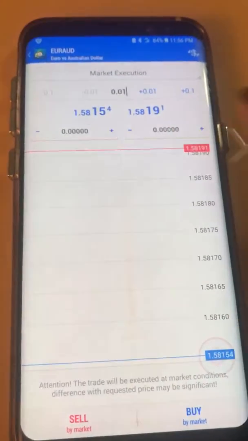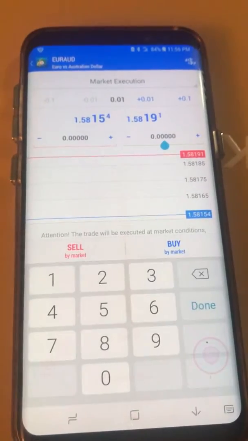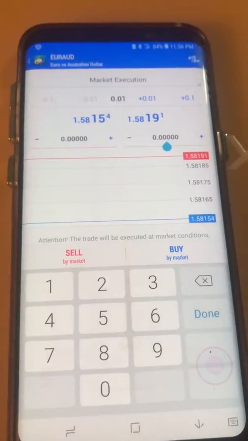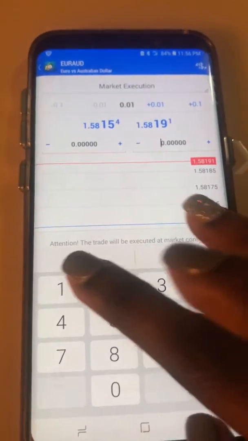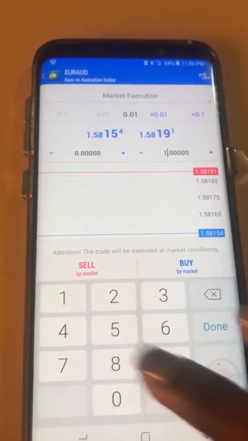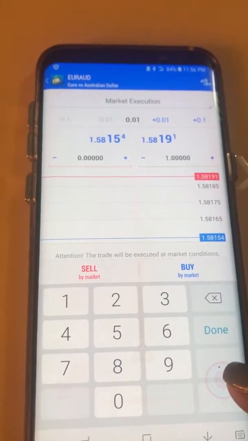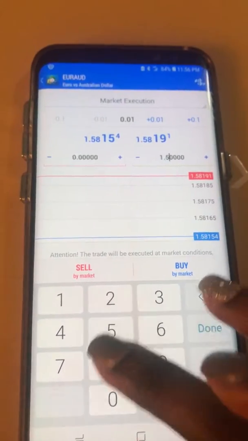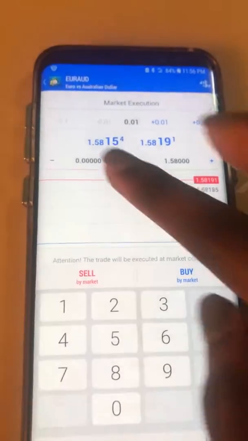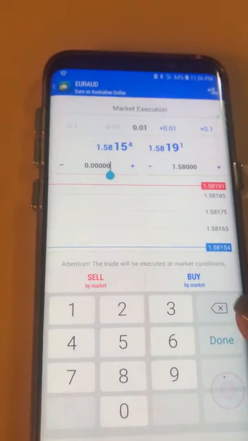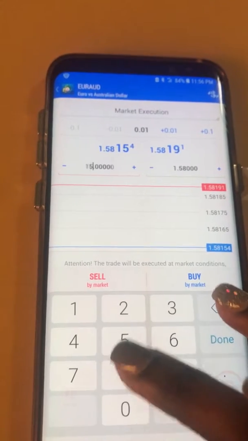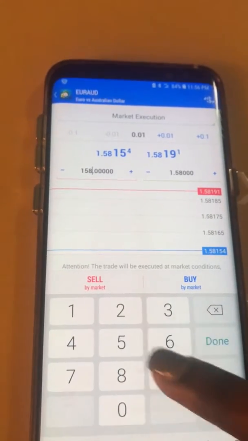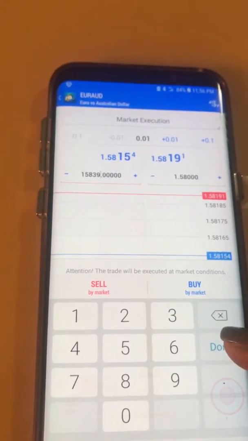I'm going to come down here. We're going to do a sale this time. So I'm going to put a take profit in, backspace all the way to that leading zero of 1.5800. Stop loss, I'm going to do 1.5839.